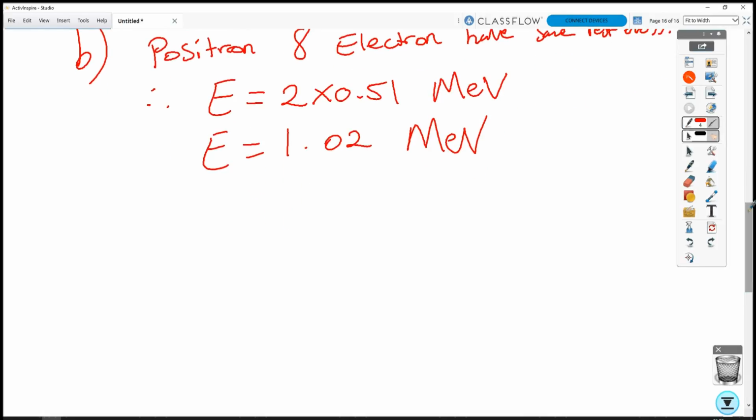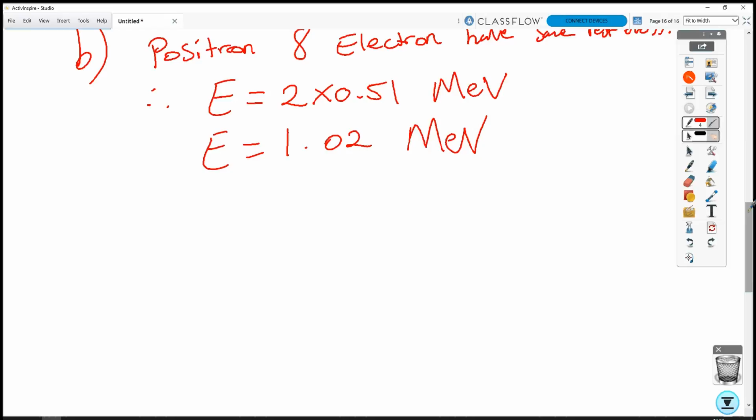Part C was asking for the minimum energy E of the photon in joules. Now, we can do it the long way, or we can do it the short way. The short way is that in part A, we already found for 0.51 MeV how much that was in joules. So we can just take our answer from part A and multiply it by 2.